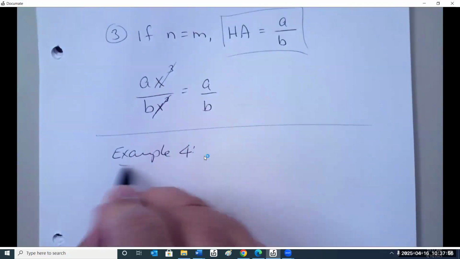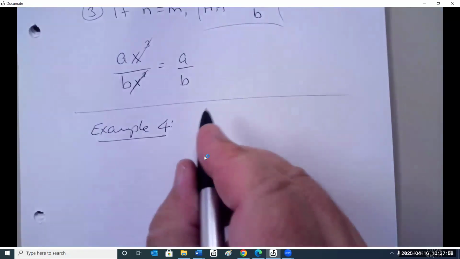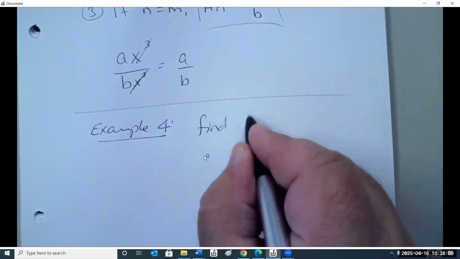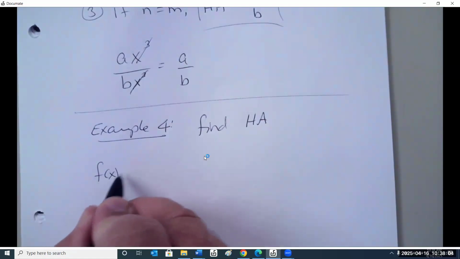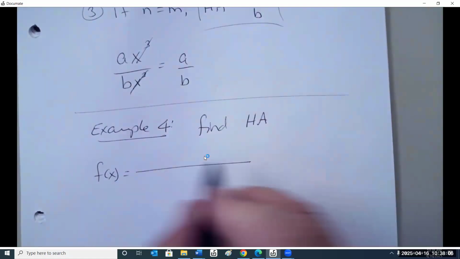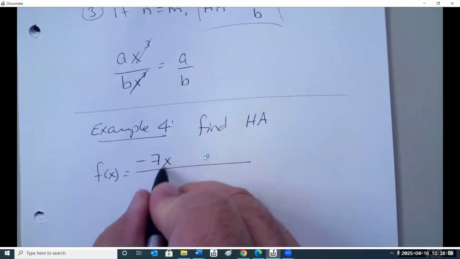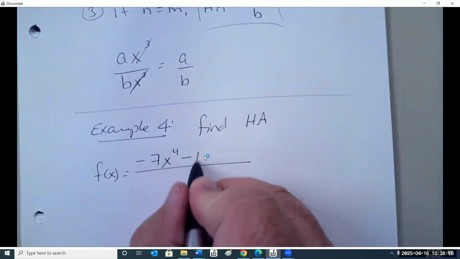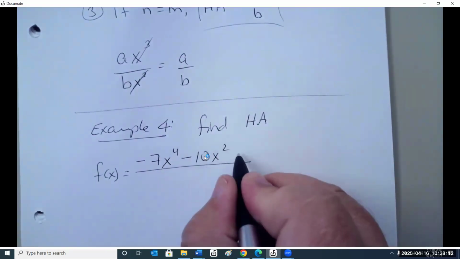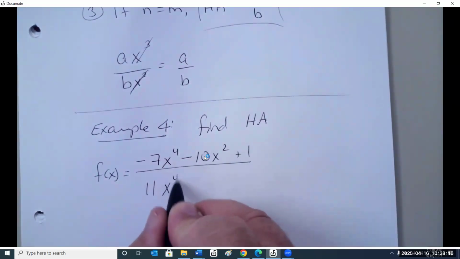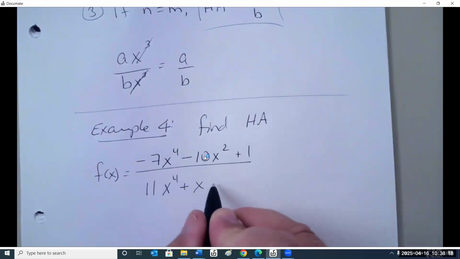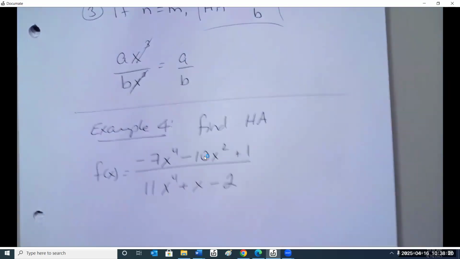Example 4. Find the horizontal asymptote. Negative 7x to the fourth minus 10x squared plus 1, over 11x to the fourth plus x minus 2.